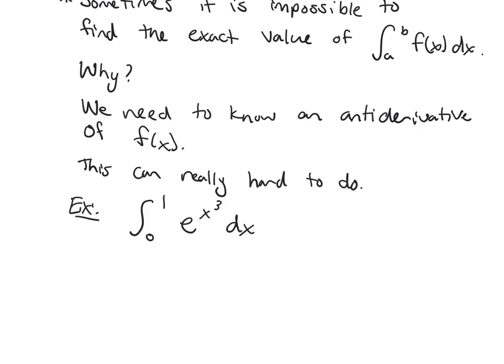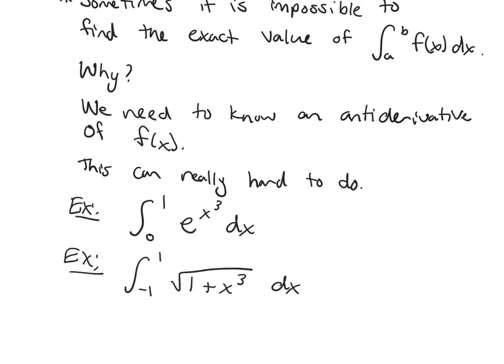You can try all of our integration techniques, substitution, integration by parts, and nothing's going to really work out for you there. Another one, the integral from -1 to 1 of the square root of 1 plus x cubed dx. So there are examples where it's impossible for us to actually calculate the exact value of these definite integrals.